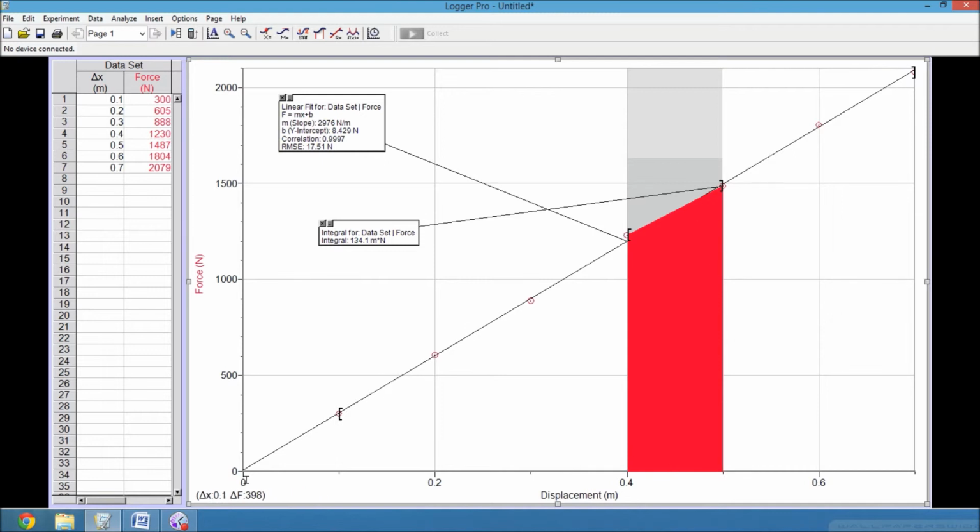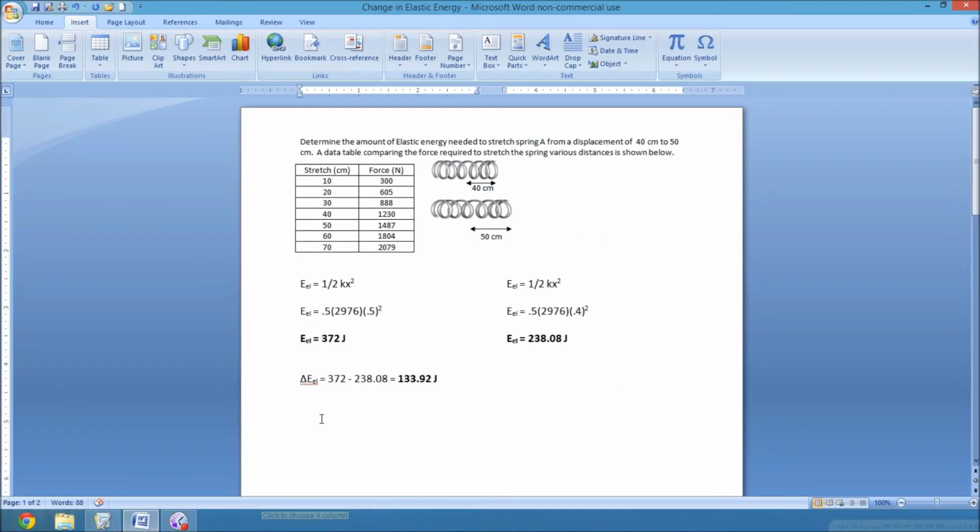So 1/2 times 0.5, that's the base, times whatever this value is here, 1487, will give you the area of our big triangle, and then you can subtract off this little triangle here. Why don't we do that really quick just to see that it works. We're going to do 1/2. The base was 0.5.